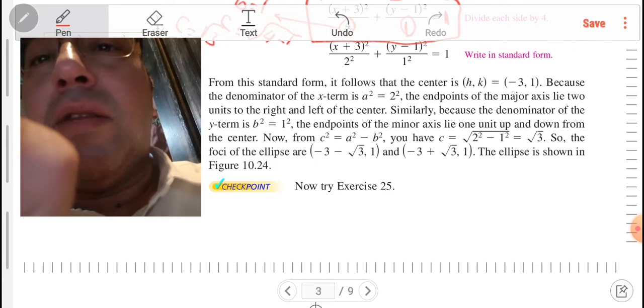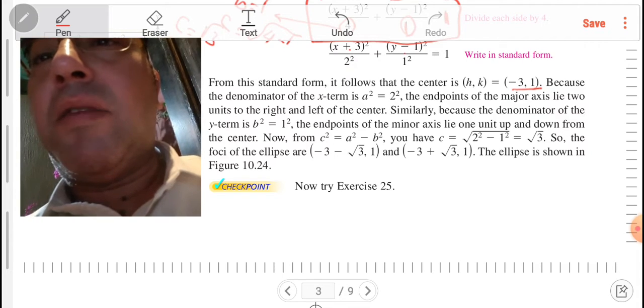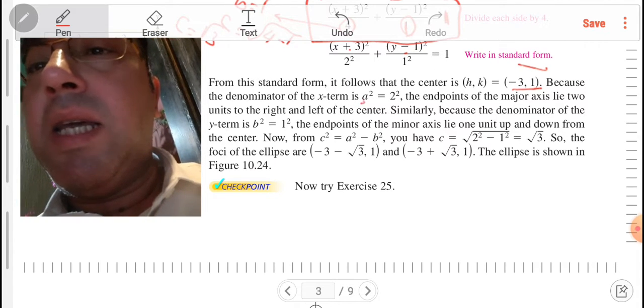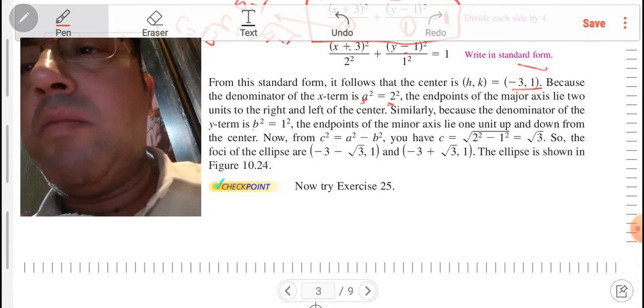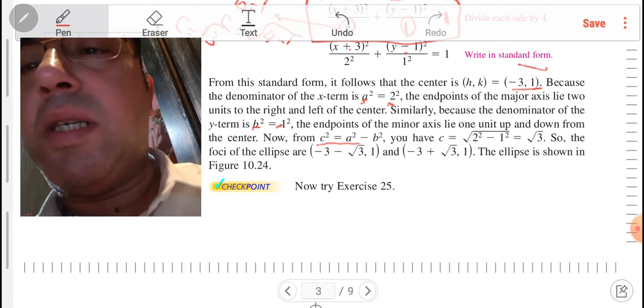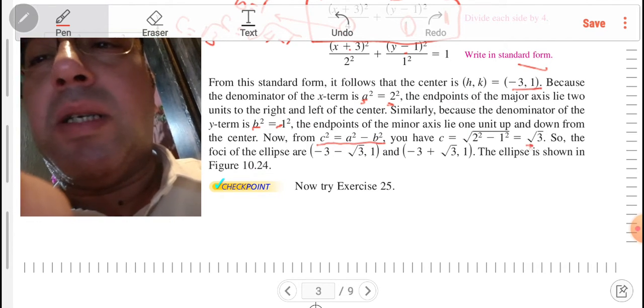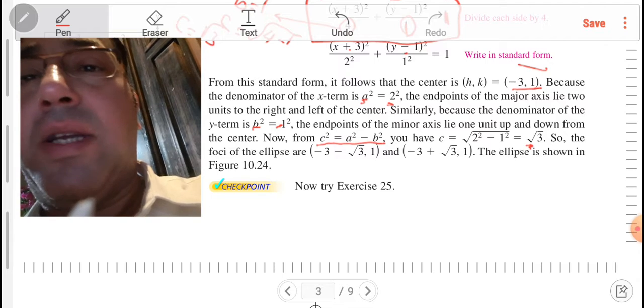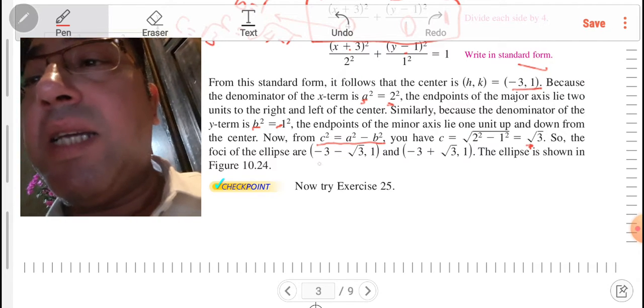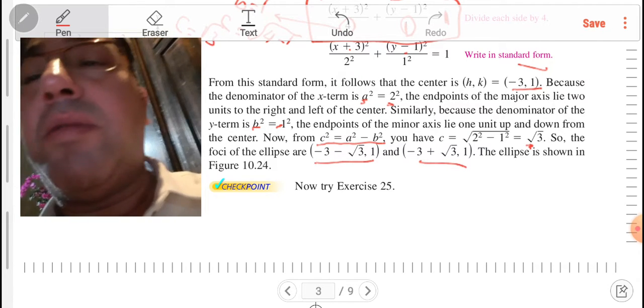As we know here, the vertex becomes negative 3 and 1. Yes, a equals 2, b becomes 1, and c squared equals a squared minus b squared. c equals radical 3. It means I can determine the foci location.